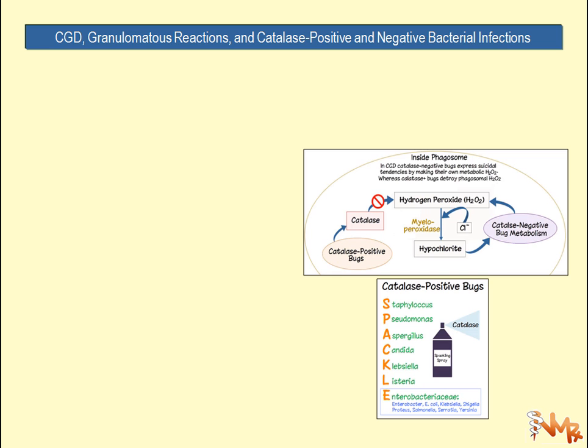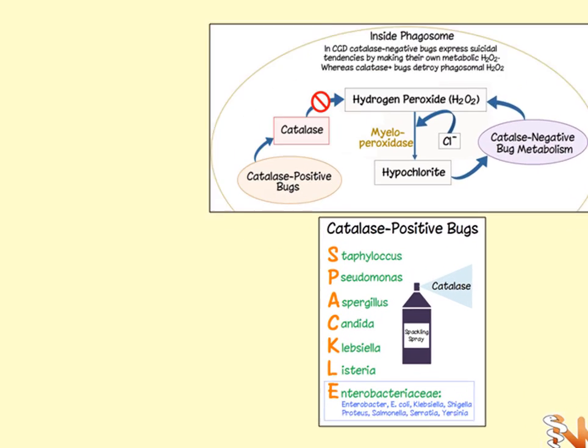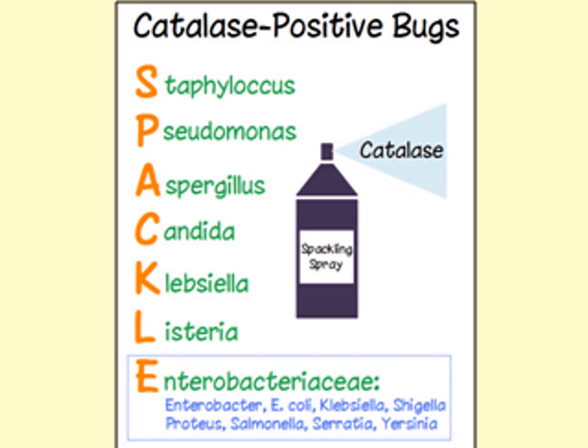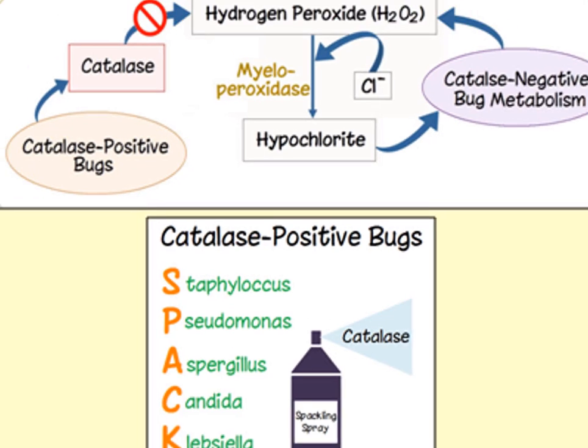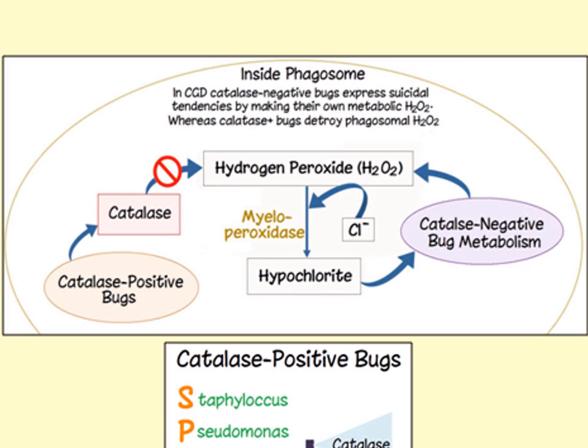A unique finding in patients with CGD is the predominance of catalase positive infections and minimal presence of catalase negative infections. You may refer to this diagram as I explain the pathogenesis of this difference for you. As I said earlier, in CGD, neutrophils are unable to make their own lysosomal hydrogen peroxide or hypochlorite.